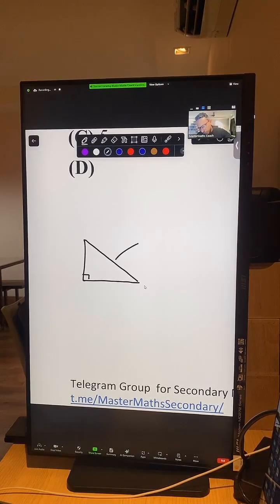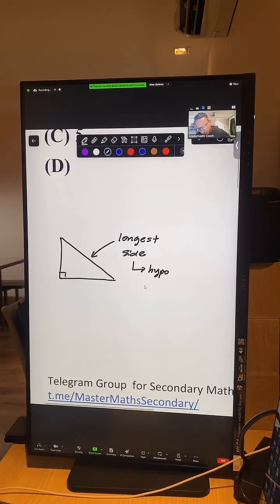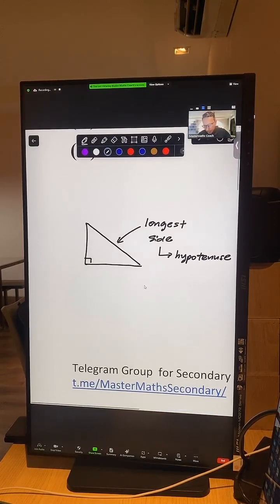This is what you would call the longest side. The longest side is known as the hypotenuse. Not hippopotamus, hypotenuse. You have the hypotenuse and you have the two other sides.